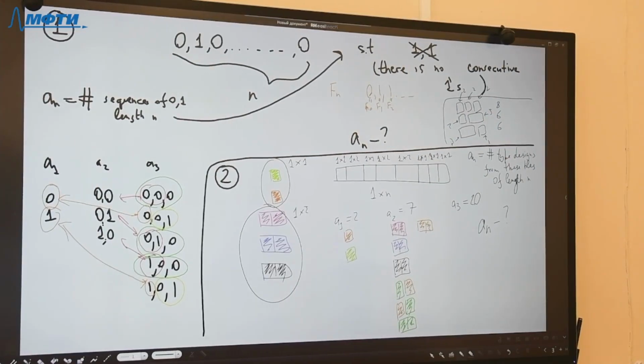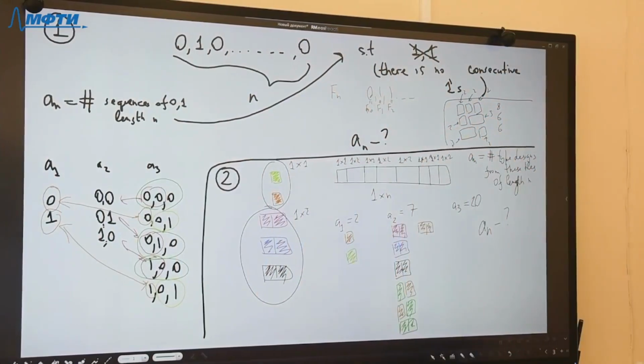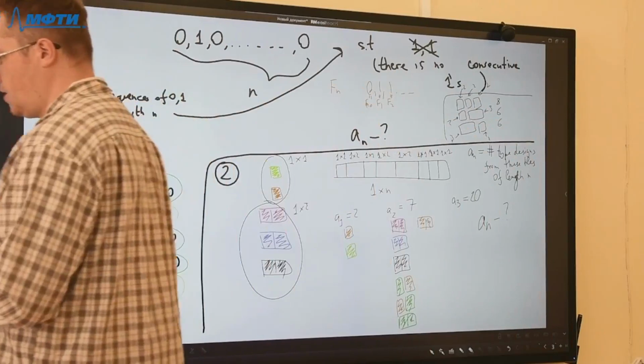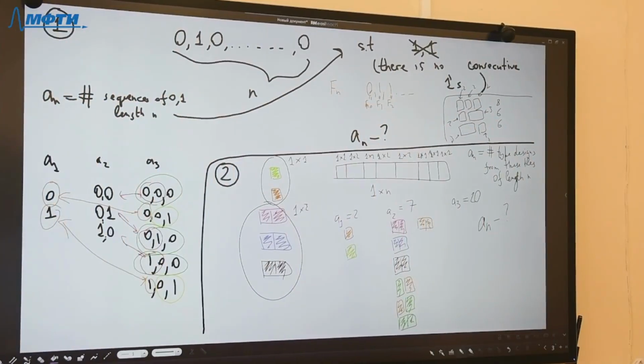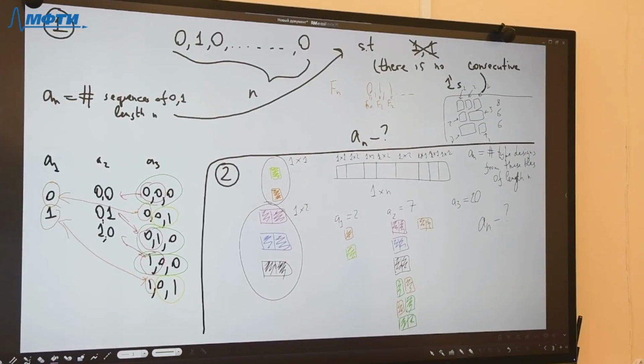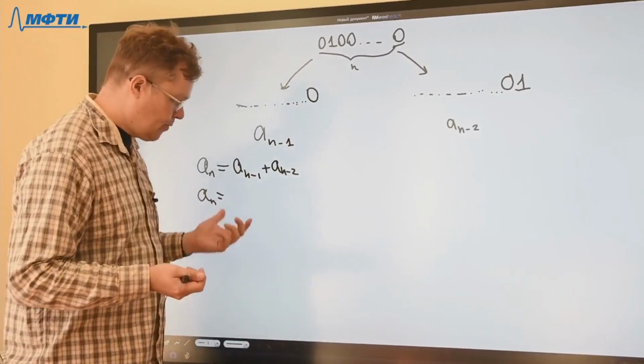If I need to write the answer in terms of geometric progressions, then of course I want to write the characteristic polynomial, find the roots, then find the coefficients of the linear combination of these progressions and try to find a formula for a_n.